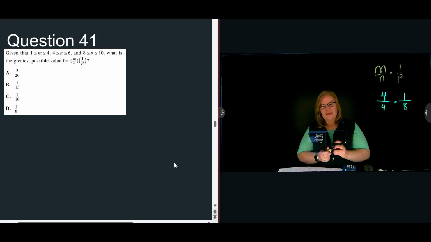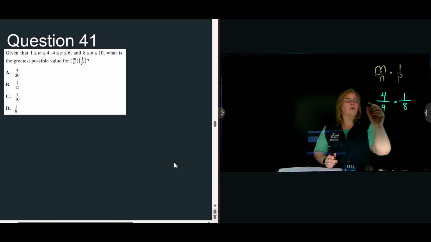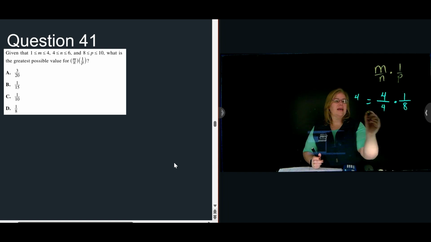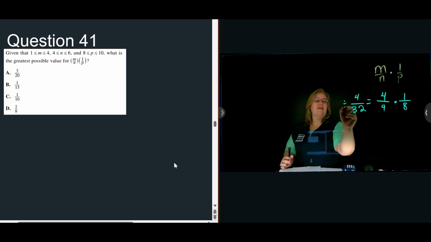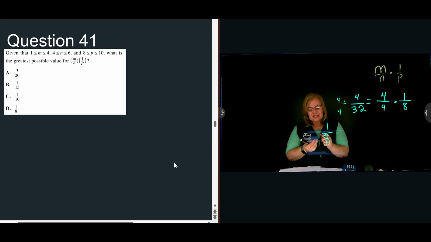I'm going to multiply these together. 4 times 1 is 4. 4 times 8 is 32. I don't see that answer choice, so I'm going to reduce, always, for my fractions. I'm going to divide by 4 on top and bottom and get 1 over 8. So my answer is D.